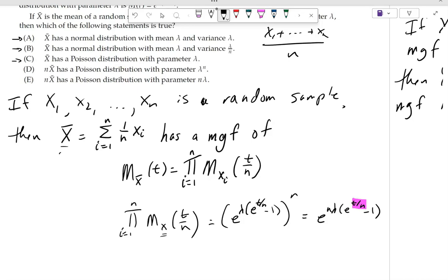So if I go back to just n times x bar, that's just the sum of your x of i's, isn't it? And we know that a sum of Poissons is Poisson, right? So this is a Poisson.